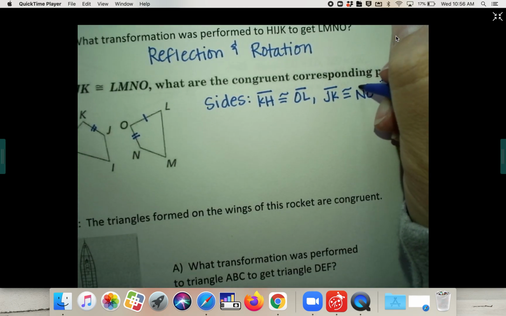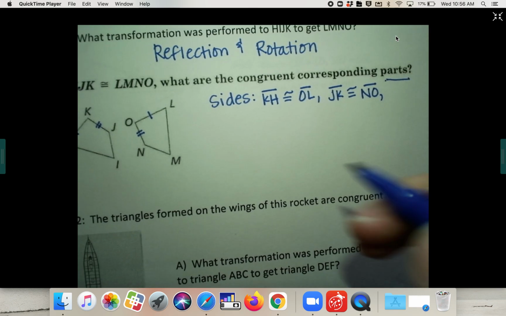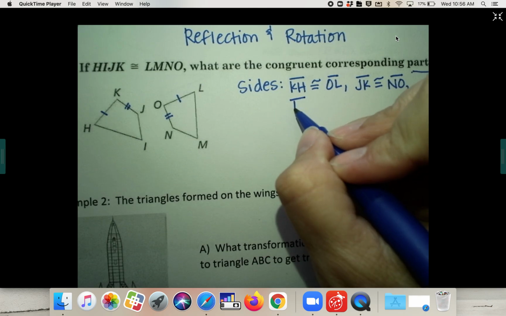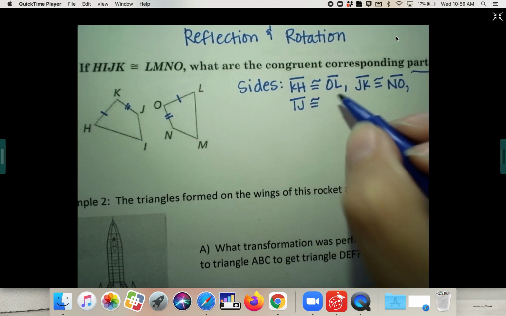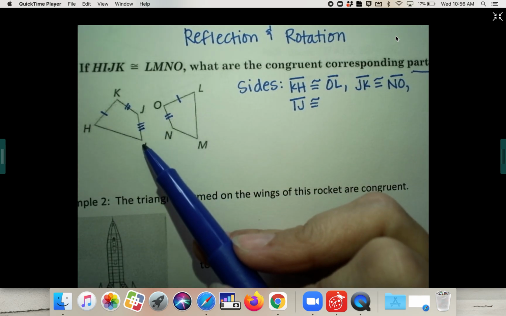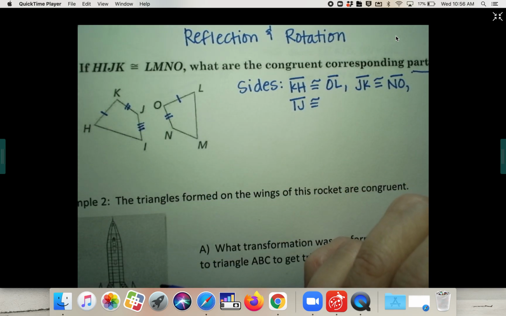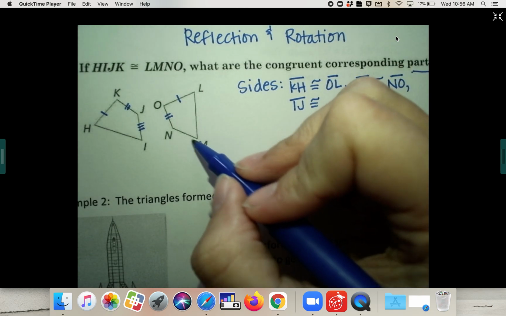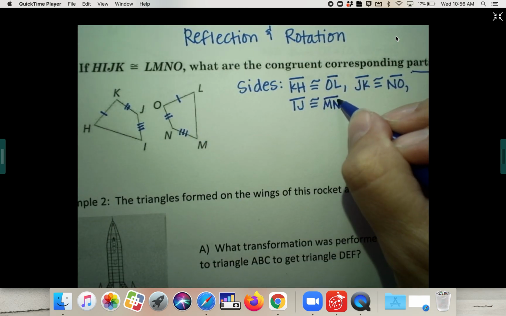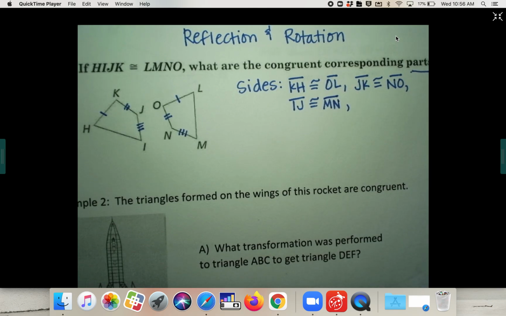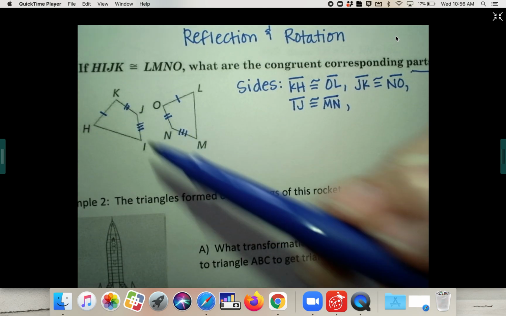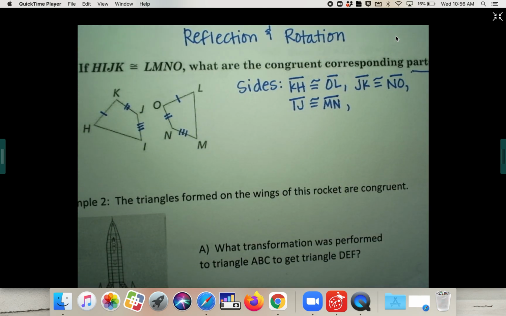Then if I move on to side IJ, from here to here, that from I to J would be corresponding to MN in that order. And if I'm going too fast, just push pause and make sure you understand what I'm saying about the order that you read it from needing to go in the same direction.